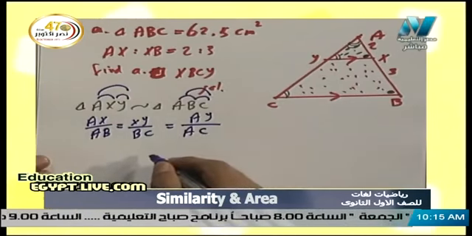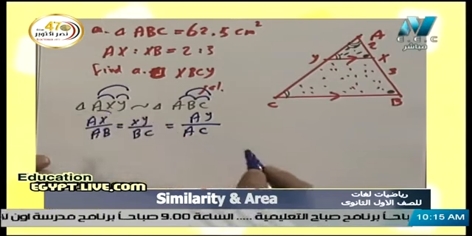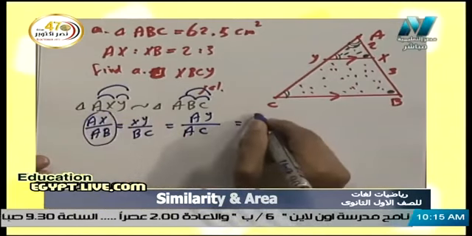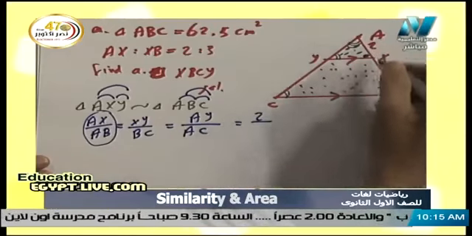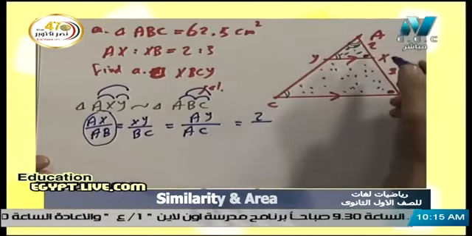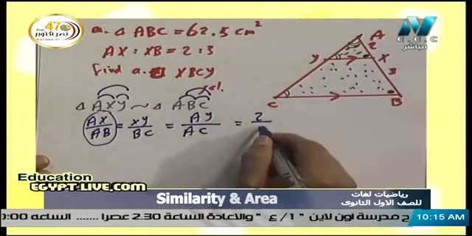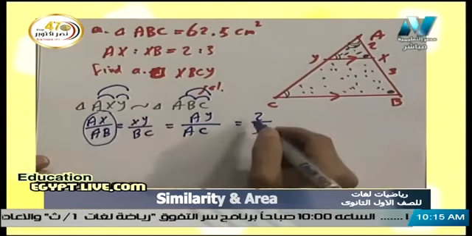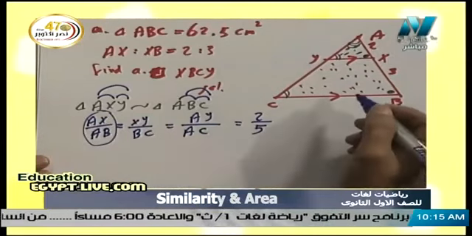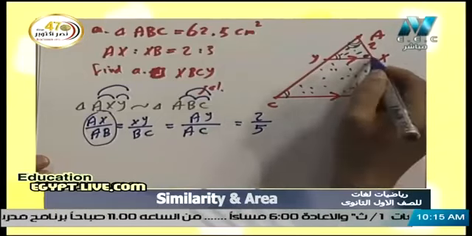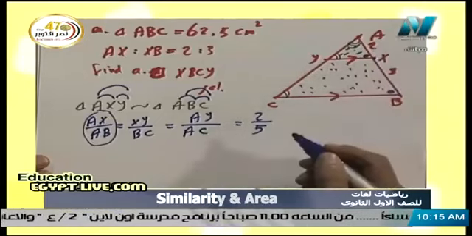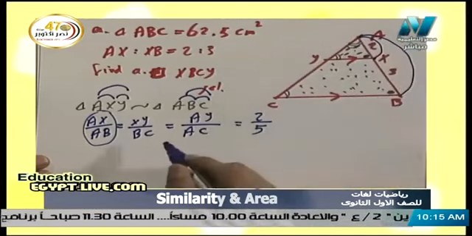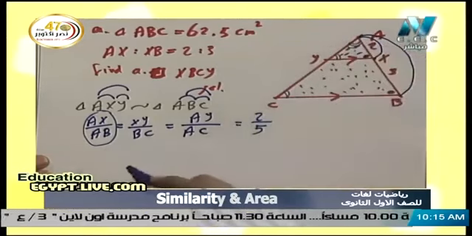And we know that AX over XB, AX over AB, which is this ratio, equals 2 over AB here equals what? Equals 2 plus 3 ratio, so it's 5. So the ratio between AX and AB equals 2 over 5. Don't make a fault that some people write 2 to 3. No, it's AX over the whole AB, so it's 2 over 5.